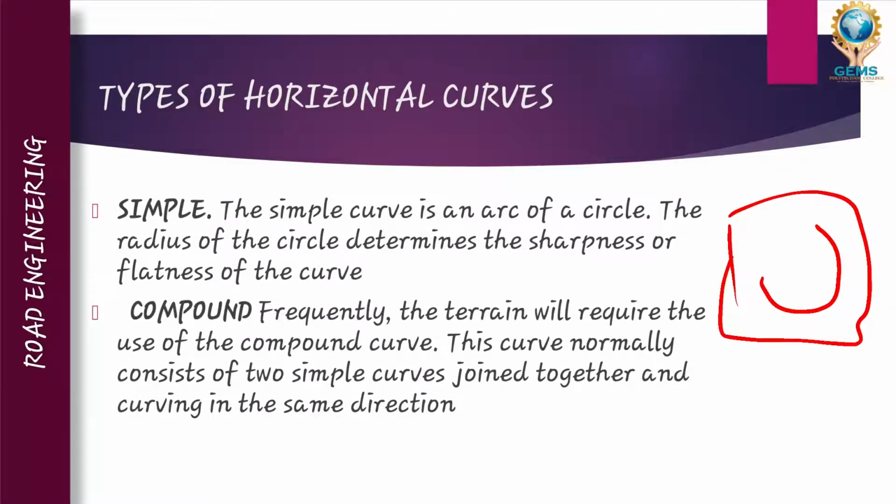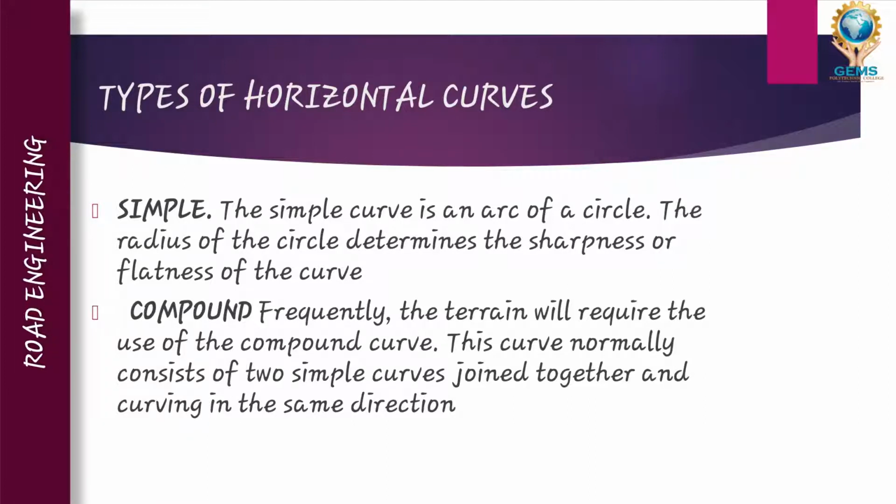According to the area we will provide the curve, and by seeing this area we decide how much sharpness and flatness of the curve should be maintained. So it is called a simple horizontal curve.